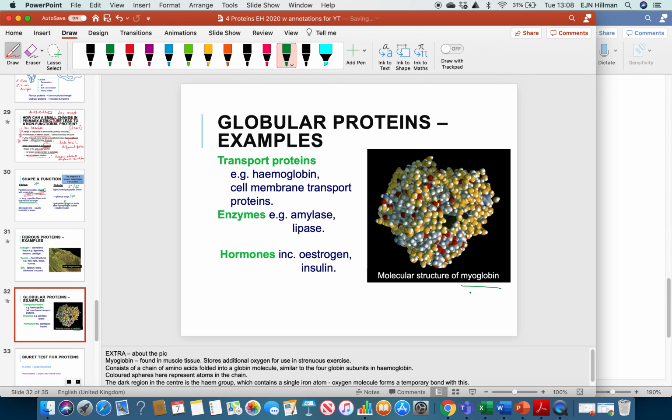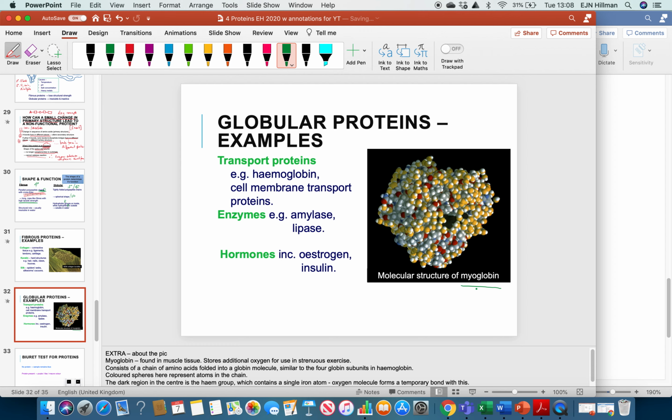And it acts as a store of oxygen in the muscle. So when the muscle is undergoing real strenuous exercise, the myoglobin gives up its oxygen, which delays anaerobic respiration. We'll actually talk a bit more about myoglobin later in the year when we look at transport in animals.